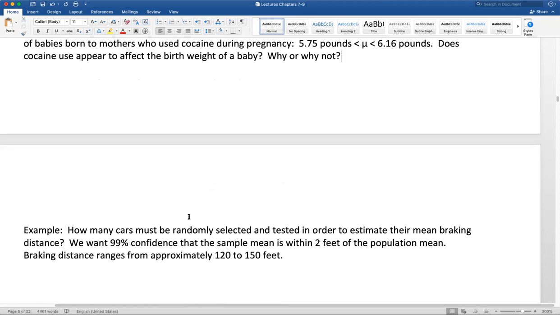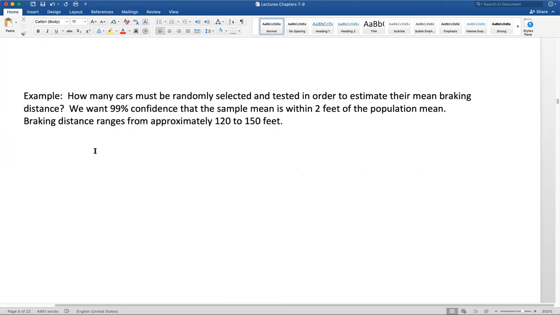Okay, so now the next example. How many cars must be randomly selected and tested in order to estimate their mean braking distance? So this problem is about finding the required sample size to get a 99% confidence level, and the sample mean is within 2 feet.